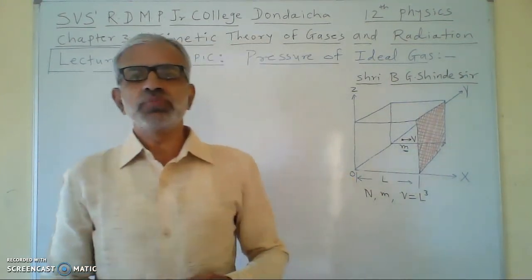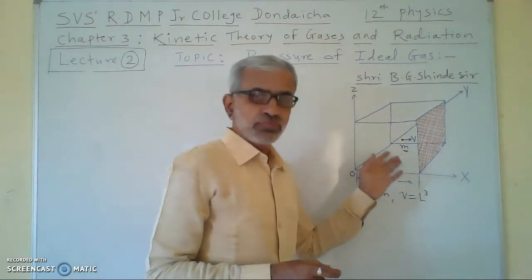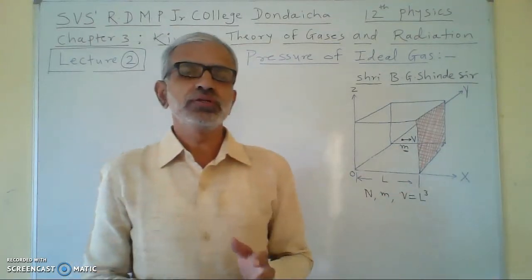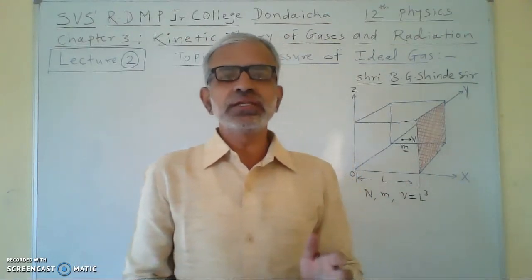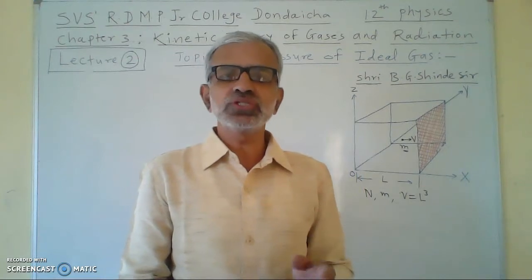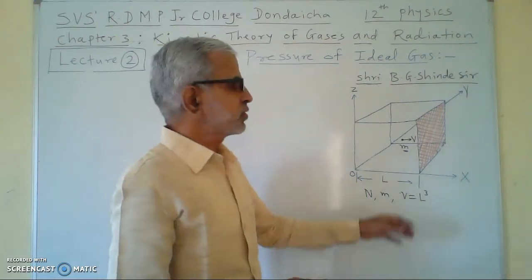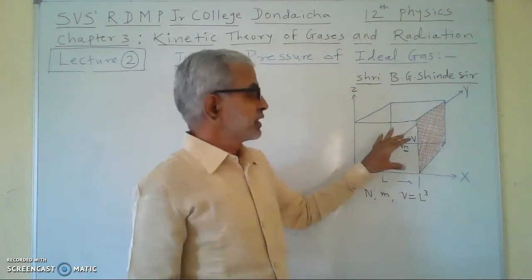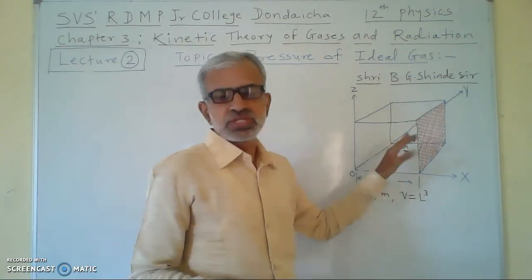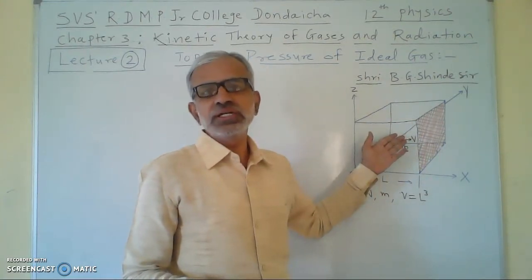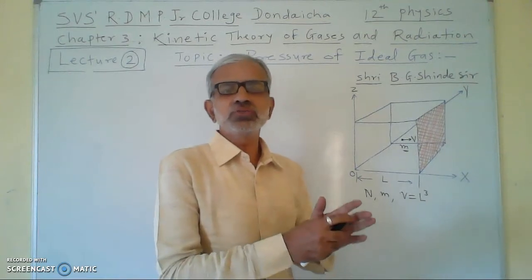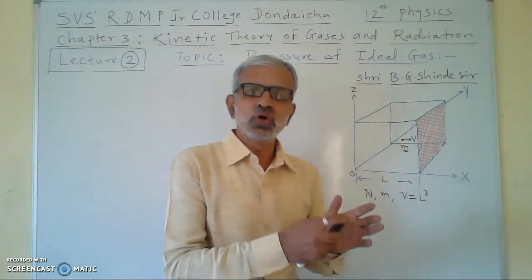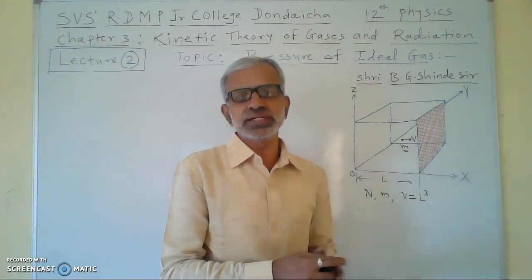So we use this property, but we neglect the collision between the molecules. We consider only the collision of the molecules with the walls of the container. There are 6 walls, 6 sides to this container, and all the molecules will collide with the walls of the container on these 6 sides.